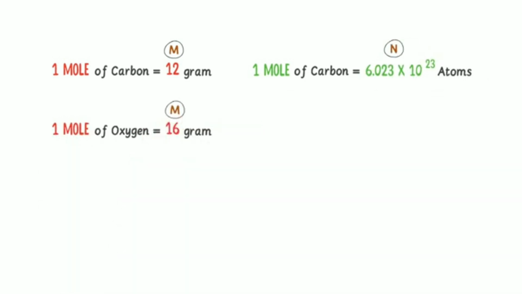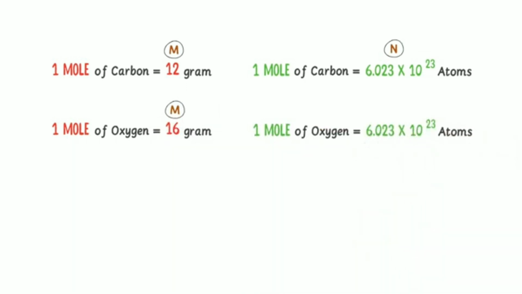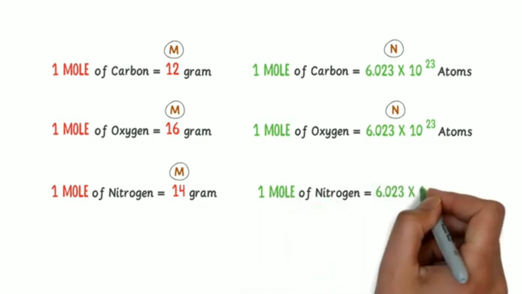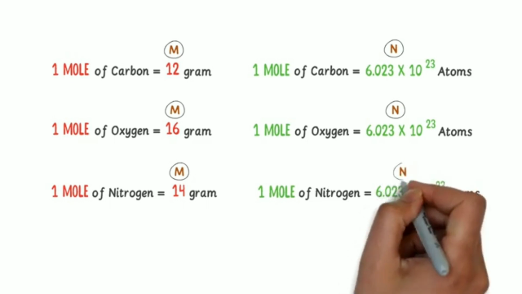This is the M relationship. 1 mole of oxygen atom contains 6.023 × 10^23 atoms of oxygen. This is the N relationship. Thirdly, 1 mole of nitrogen atom is equal to 14 grams. This is the M relationship. In 1 mole of nitrogen atom, there are 6.023 × 10^23 atoms of nitrogen. This is the N relationship.